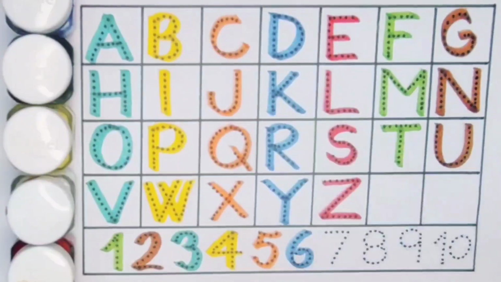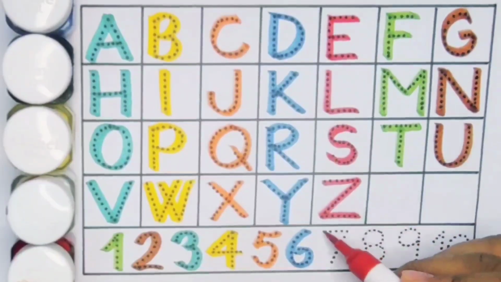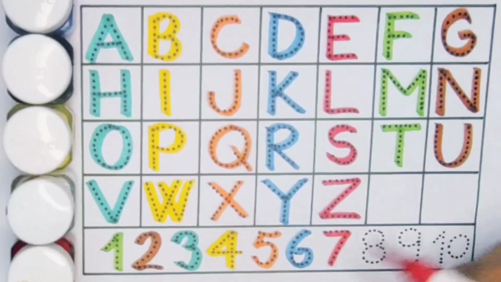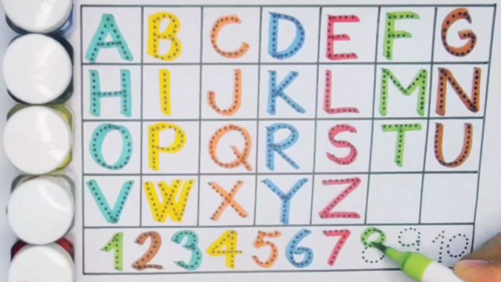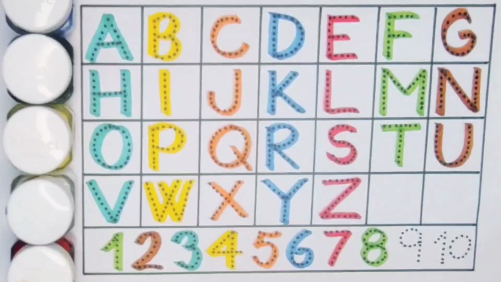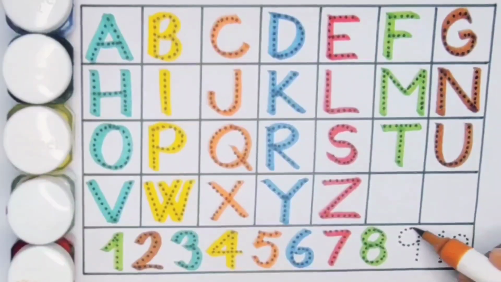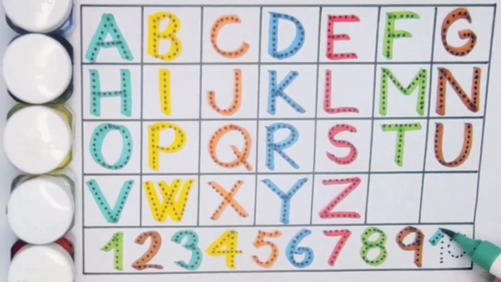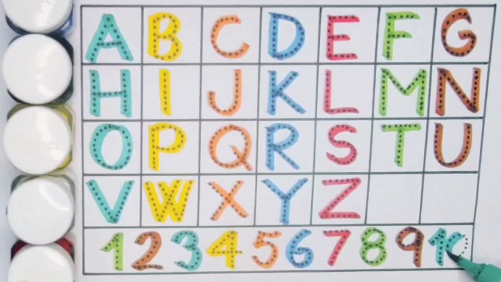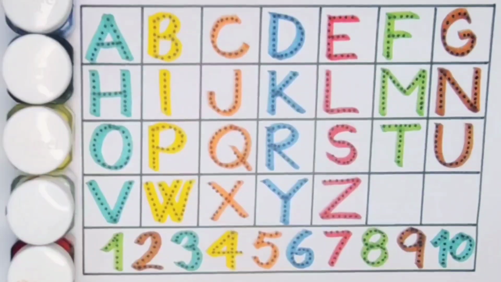Next kids, number 7. Next, number 8. Next kids, number 9. Next kids, number 10. 1, 0, 10. Number 10. What we learn?